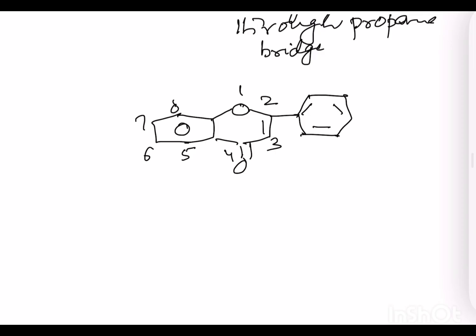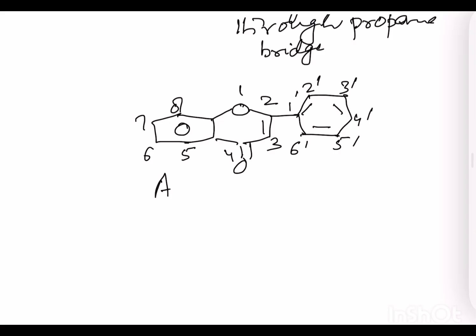Therefore, this is the standard numbering system of the flavone nucleus, but in case of the chalcone, the A ring is numbered as 1 dash. This is your A ring, this is your B ring, and this is your C ring. That's why this is the nomenclature of your flavonoid nucleus.